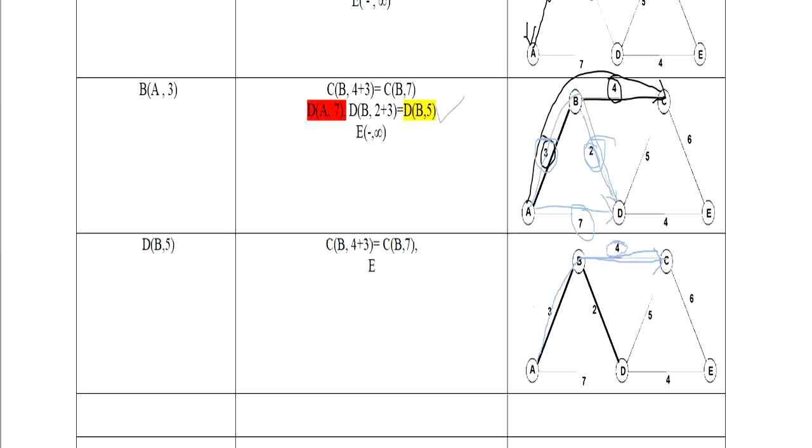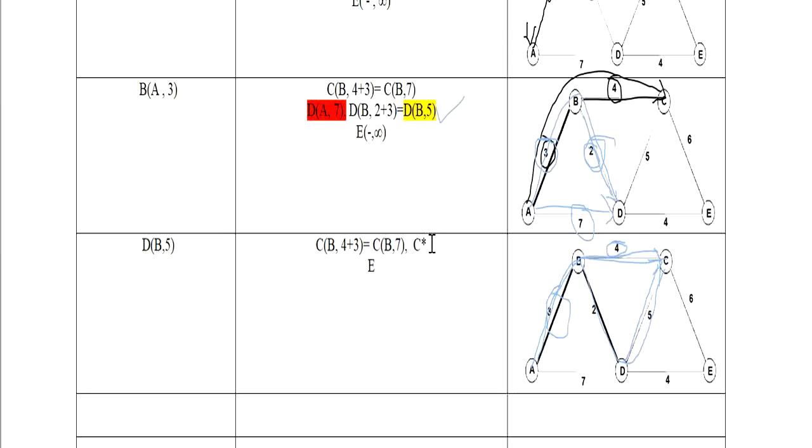But I also have an edge from D to C. This path comes from A to B, B to D, D to C. The weight of this is 3 plus 2 plus 5, which becomes 10.